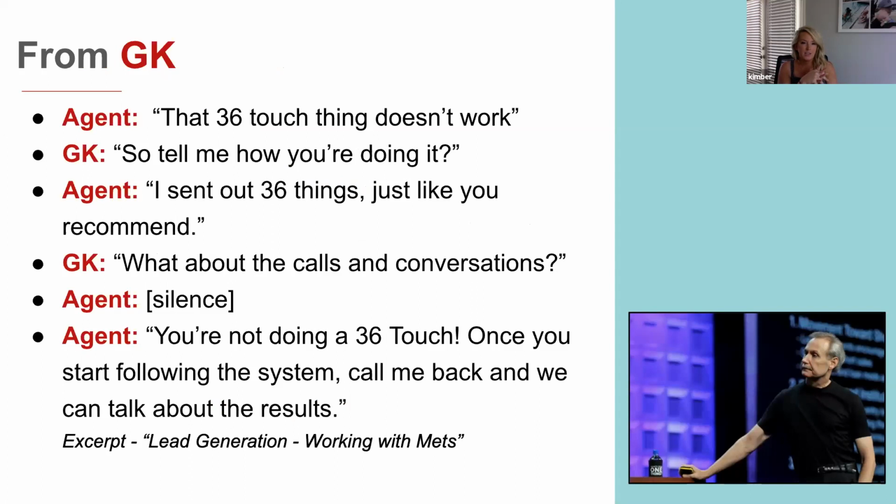And the agent said, I sent out the 36 things that's in the book, just like you told me, all the market updates, whatever, and it just doesn't work. And Gary Keller's like, well, what about the calls and the conversations? And the agent was like, okay, well, what about those? And he's like, you're not doing a 36 touch. It says agent, but it means GK. Once you start following the system, call me back and we can talk about the results.